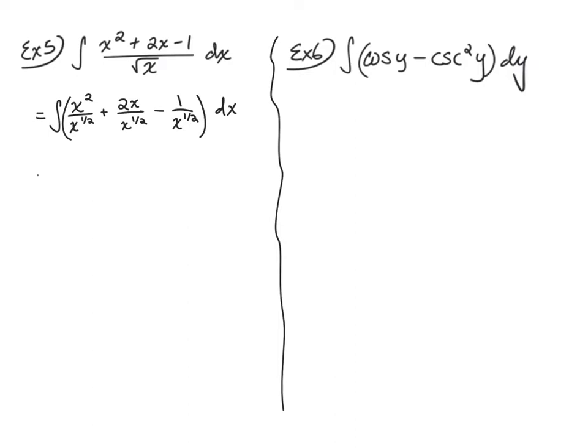So now we can simplify these. X squared divided by x to the 1/2 power leaves you with x to the 3/2 power plus 2x to the 1/2 power, 1 minus 1/2. And if we bump this up, it becomes minus x to the negative 1/2 power dx.